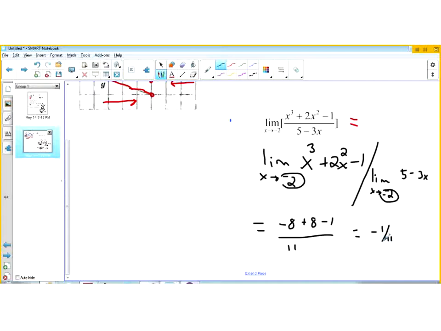All right, so we have what's called the direct substitution property.